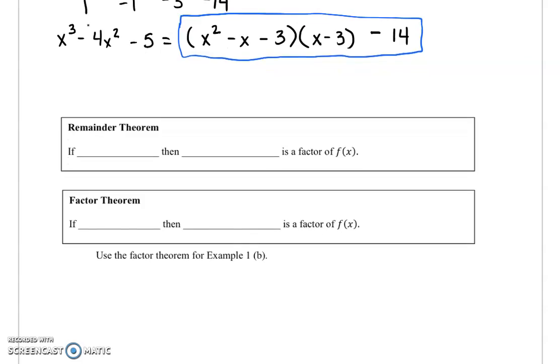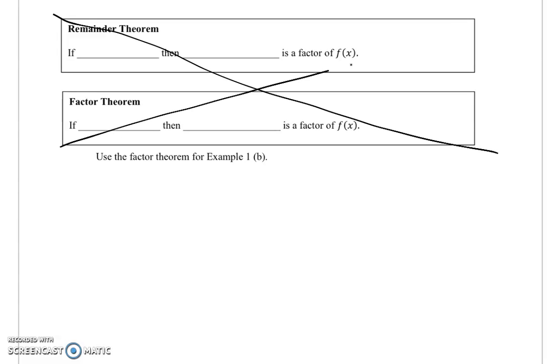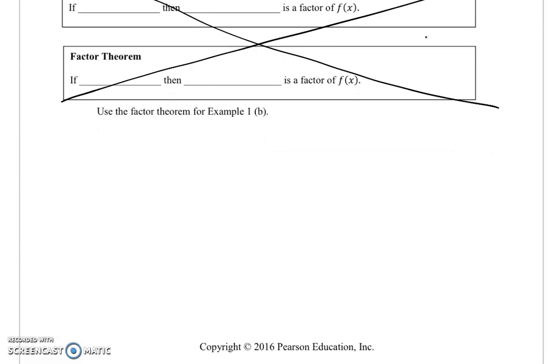So that brings us to two different theorems. And I am going to cross both of these boxes out because I don't like the way they're worded. It's another one of those things I need to change and haven't done yet. But let's talk about these. So the remainder theorem says this.